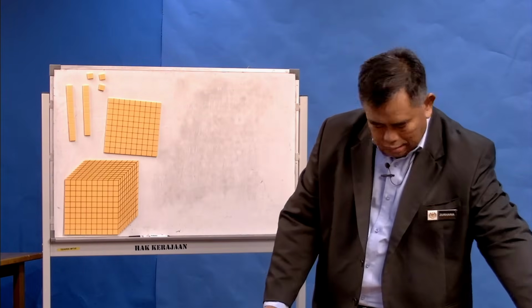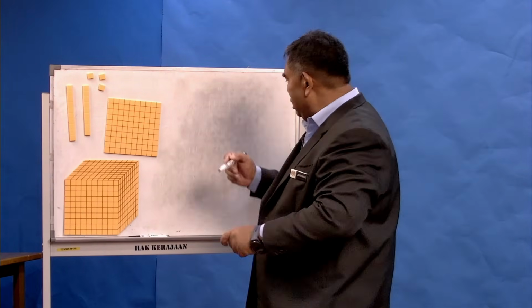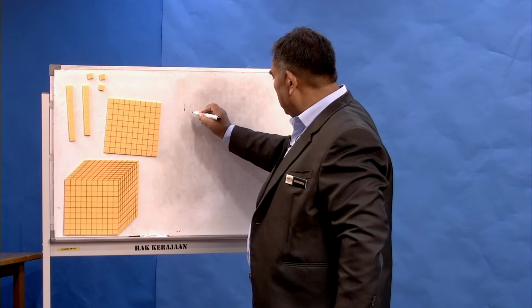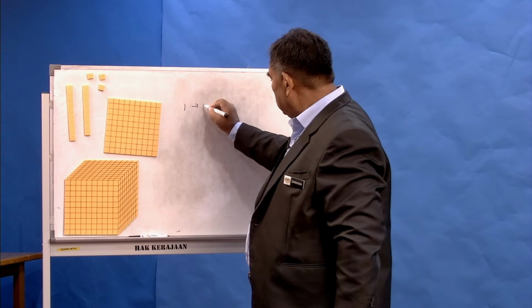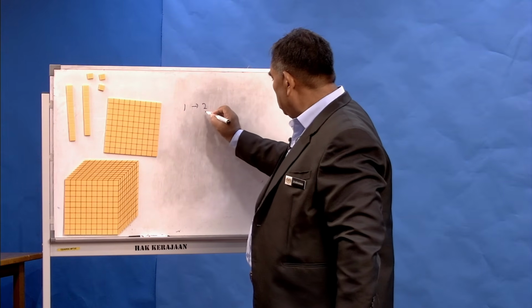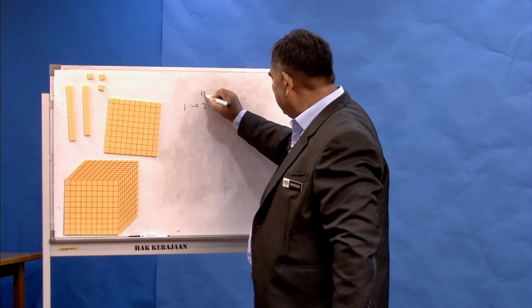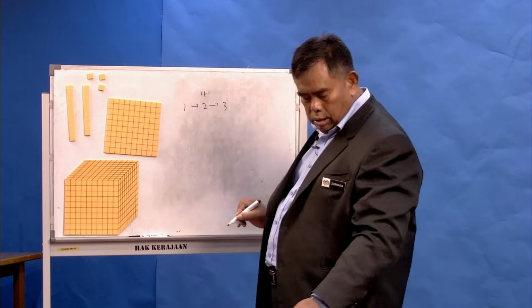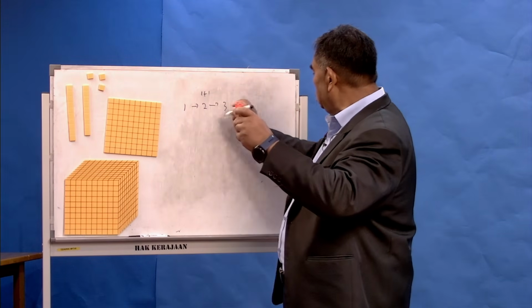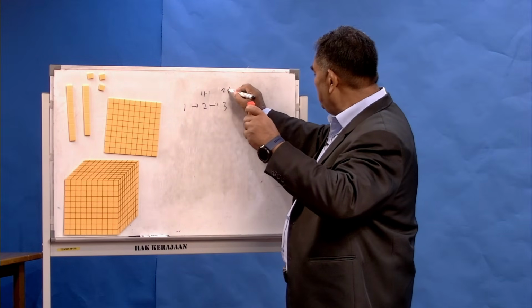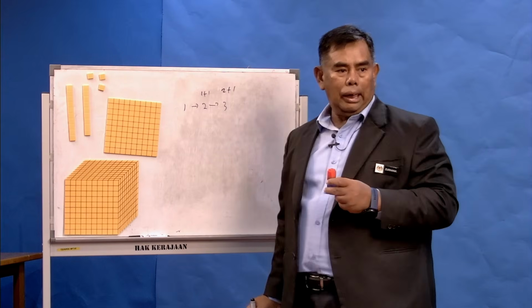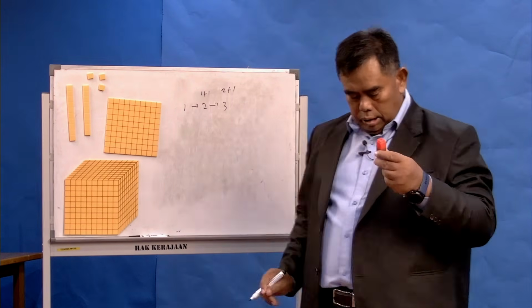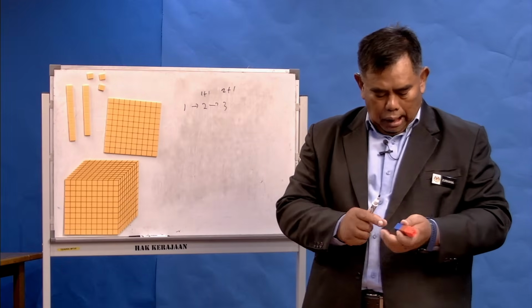I have 1. After this, I have 2. Actually, 2 comes from 1 plus 1, and then it becomes 3: the 2 plus another 1, I add another 1 cube.